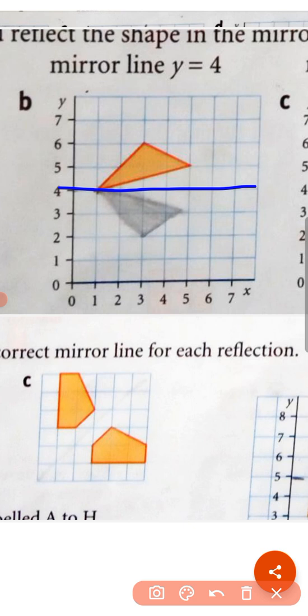Mark each corner, this point touching here, and this is 1, 2, 2 units. This is 1 unit and this is 1 unit. Then use a ruler to join the reflected points with straight lines to produce the image. Join these points, then you will get the image.